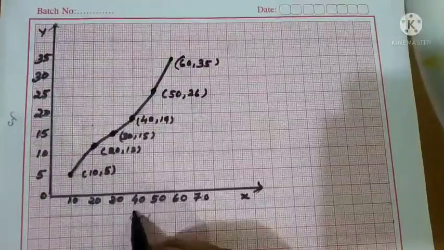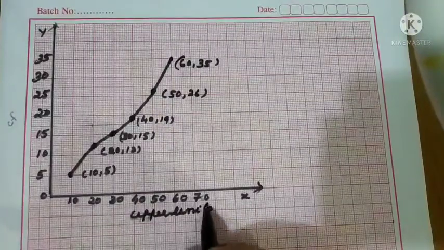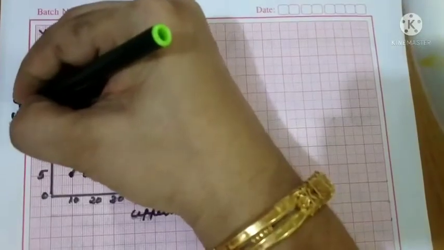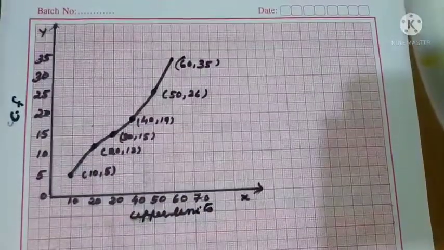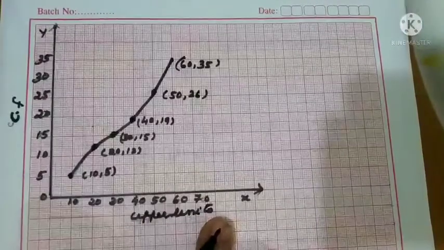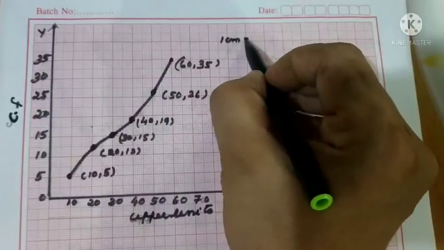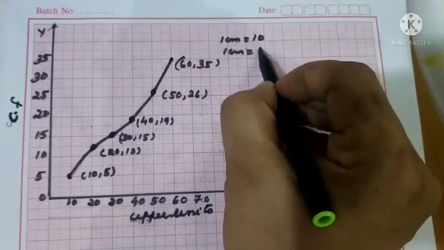Now here what we have taken is upper limits. Next here cumulative frequency. CF should be written on x-axis and y-axis. So 1 unit equal to 10 on the x-axis and 5 on the y-axis. So 1 centimeter equal to 10, then 1 centimeter equal to 5.